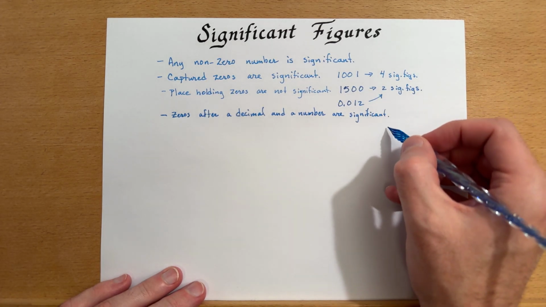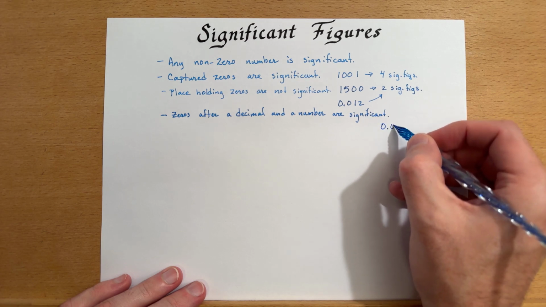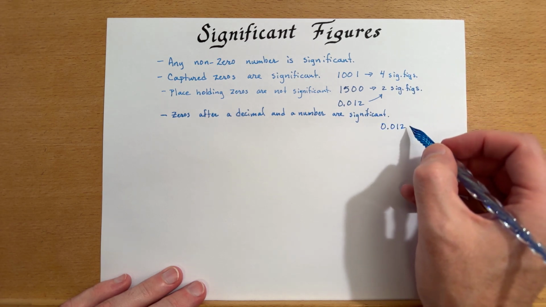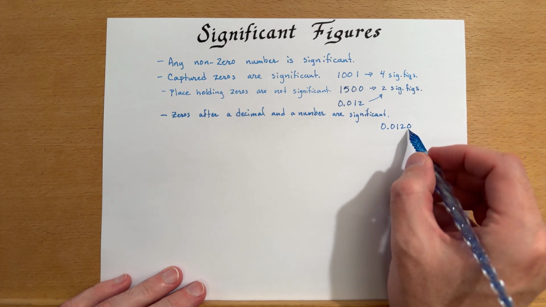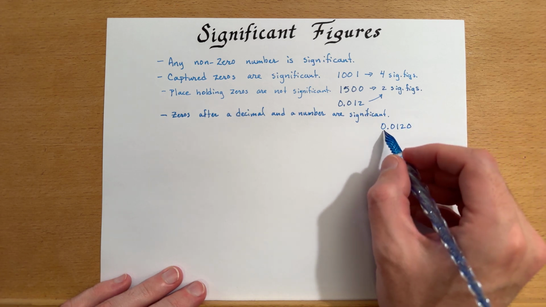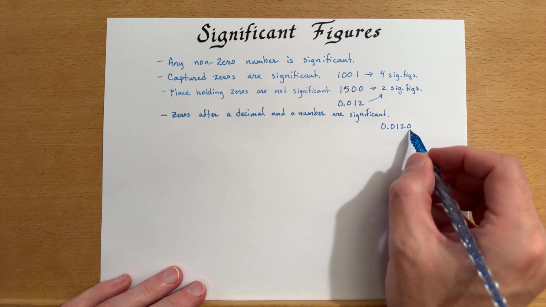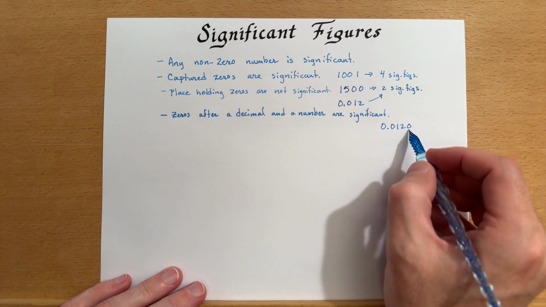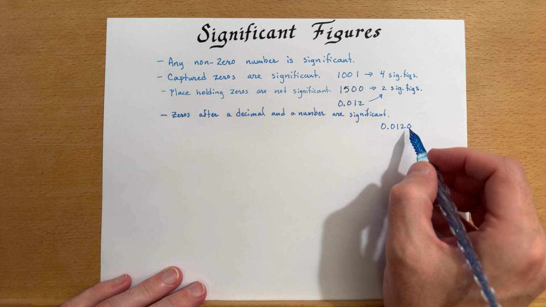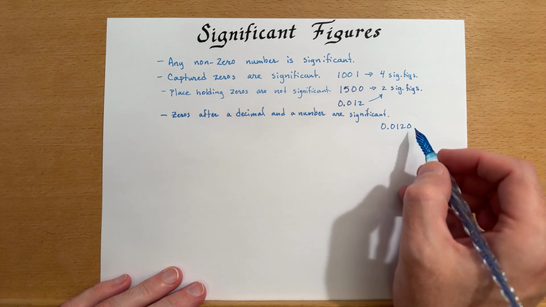Let's go back to our 0.012 example. If I were to add an additional 0, so it would now become 0.0120, now this has 3 significant figures. Another way to think about that is this last 0 does not hold the place of anything. Without it, the value of the number does not change.